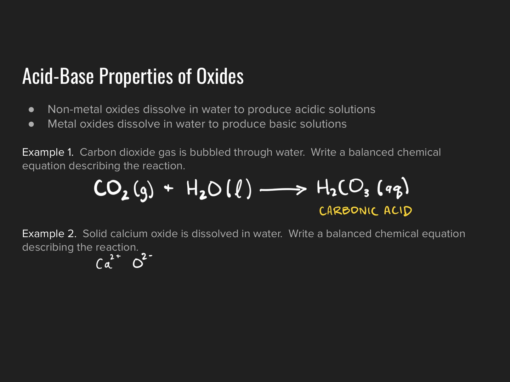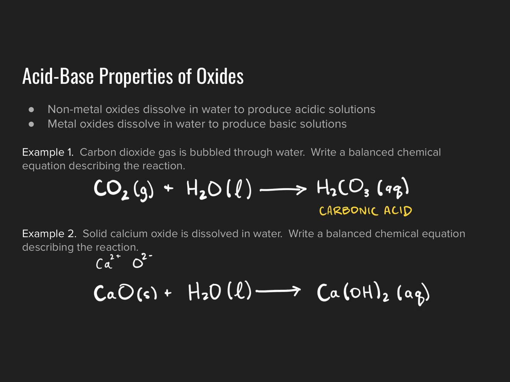So the formula here for calcium oxide is CaO, and we're combining that with the familiar compound, again, water, H2O. And in this instance, we are going to be producing a basic solution, and again, this is going to be more or less a synthesis reaction. If we combine calcium oxide and water, we're going to have the compound Ca(OH)2, that is calcium hydroxide, as a product.